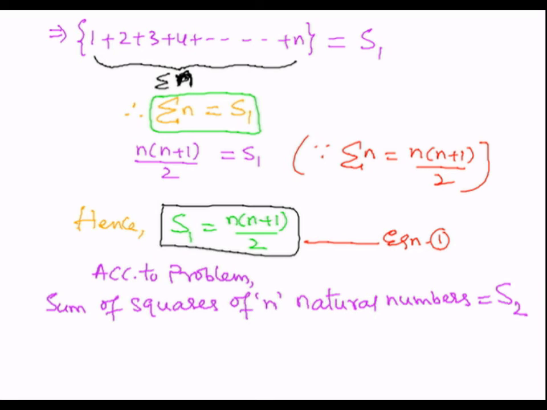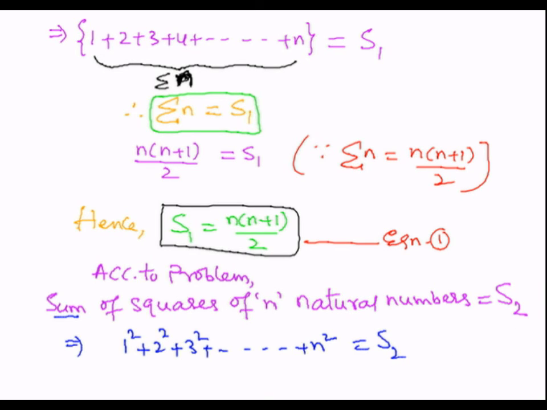The next logical step: the squares of n natural numbers are 1 square, 2 square, 3 square and so on up to n square. In order to find the sum, we have to add up all these terms, 1 square plus 2 square plus 3 square up to n square. So it is given by means of S of 2.